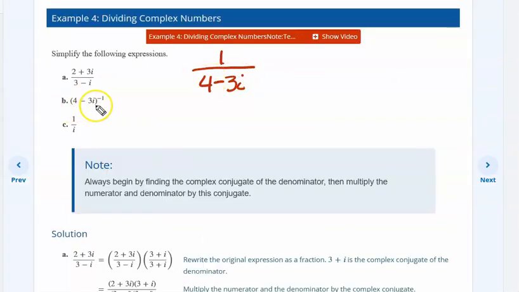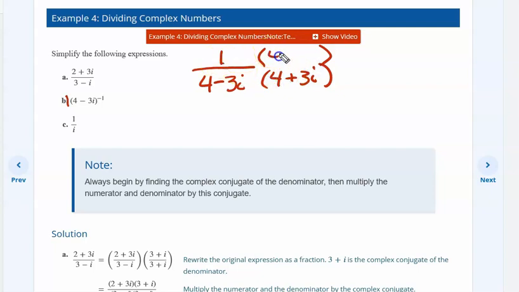Now, as we look at example B here, notice I put it so that the exponent is positive, just moving it down. Remember, there's a 1 there. We're taking this down to its denominator. The exponent becomes to the first power. There we are. So again, we want to get rid of that imaginary number in the denominator by using the complex conjugate, which will be 4 plus 3i.